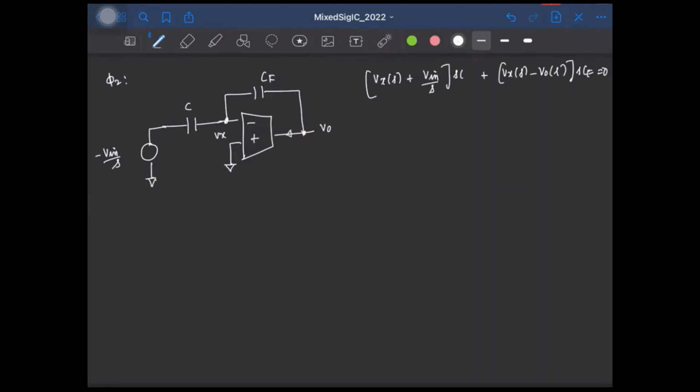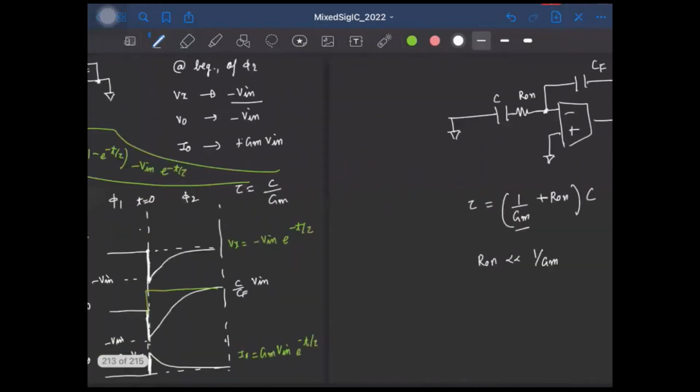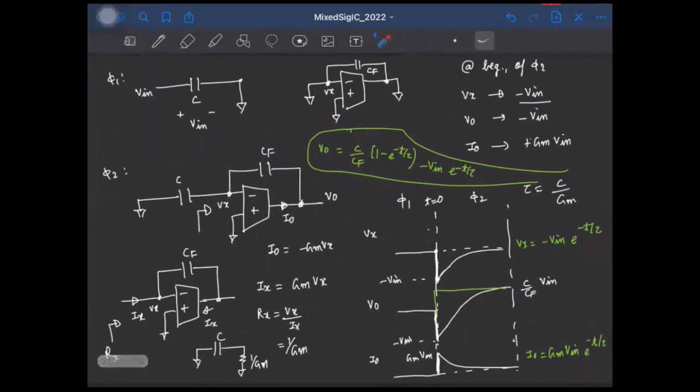The current leaving here, which is Gm times Vx of s plus V0 of s minus Vx of s times sCF equal to 0. So from these two equations, we can find what is V0 of s in terms of the input voltage, right? And we can take the inverse transform and find how the output voltage varies as a function of time. And that should be the same as what we expect, right? So this should be the expression for the output voltage.